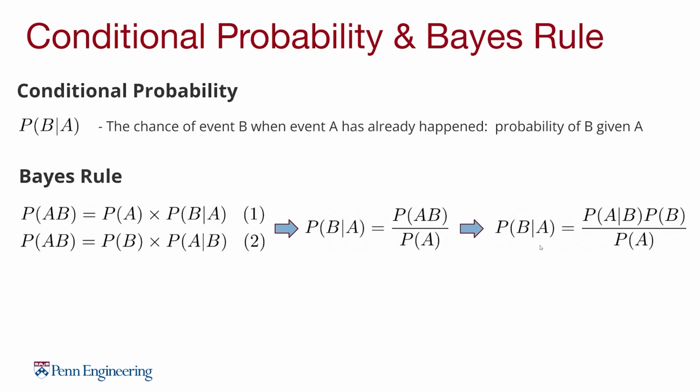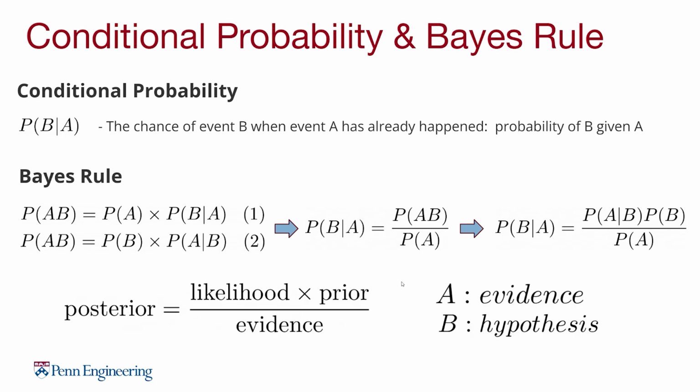So this is just some math manipulation, but the explanation behind Bayes rule is that this formula provides a method to update the probability of some hypothesis given an event that is related to this hypothesis.